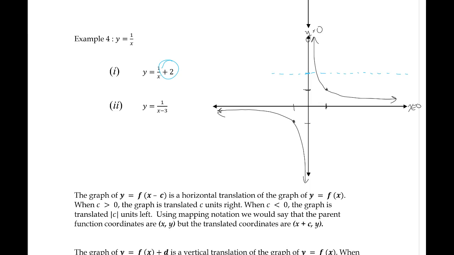Remember, always label your asymptotes. Otherwise, everything's the same. So my critical point is now going to be at 1 and 3. And my other critical point will be at -1 and +1 now, because that's also shifted up 2.